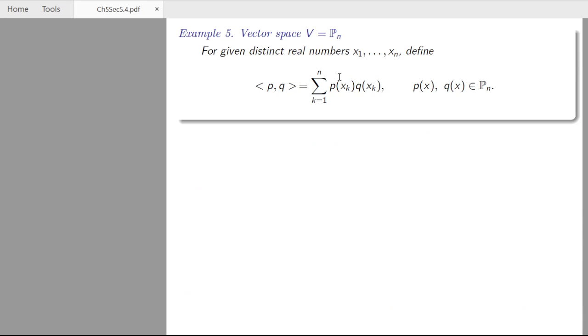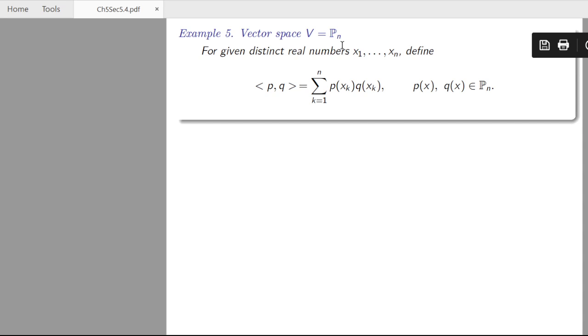Example 5. In this case, the vector space is Pn. Recall, Pn is the set of all the polynomials of degree less than or equal to n minus 1.